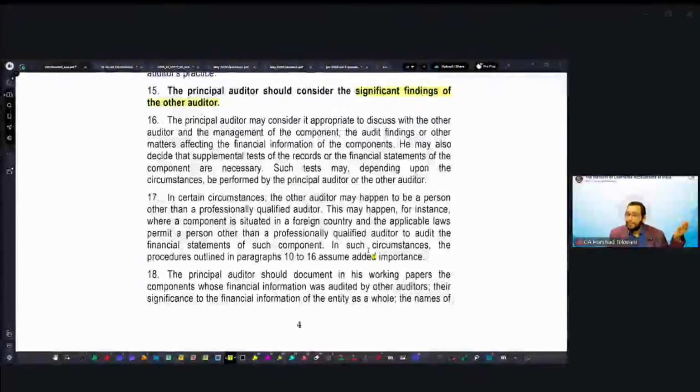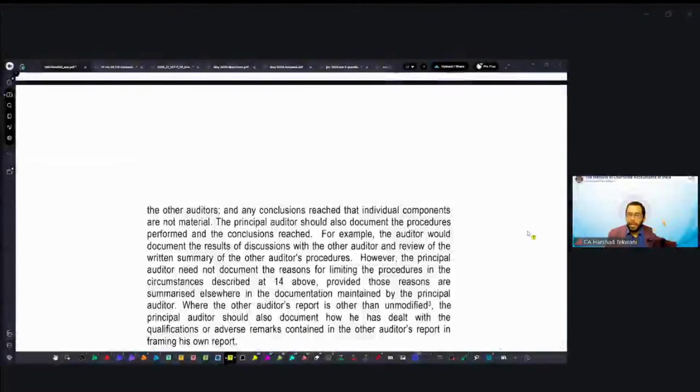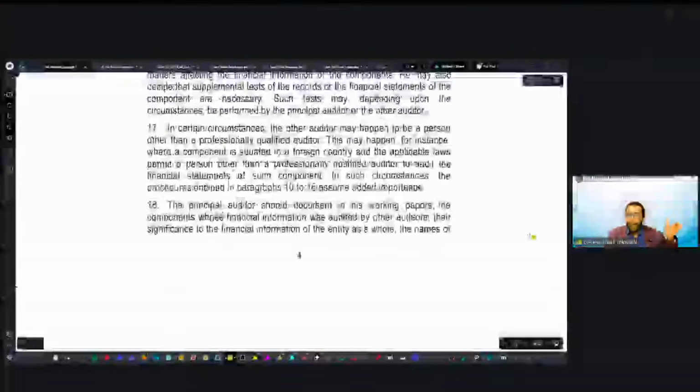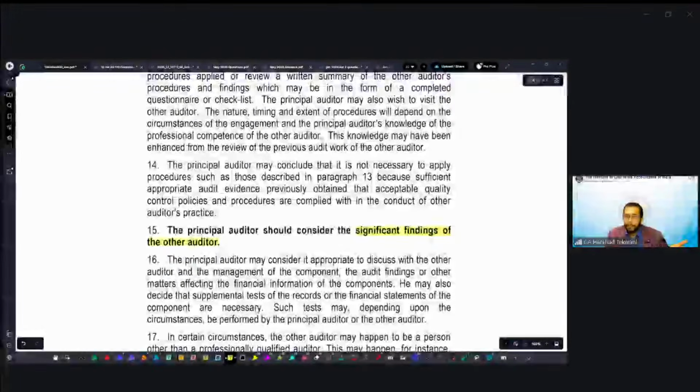If the effect is material and pervasive, issue an adverse opinion. If he thinks that the qualification provided by the component is not material, he may not qualify that. So the significant findings of the component auditors are required to be considered by the principal auditor.